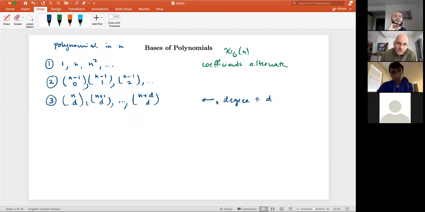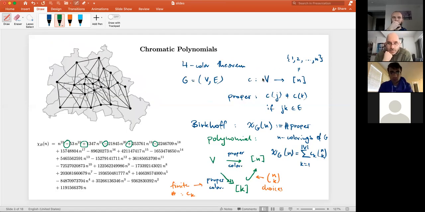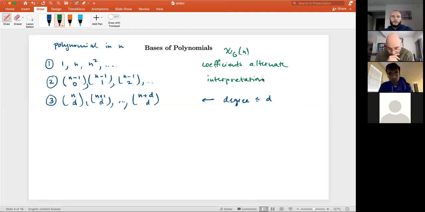Over here in the second basis, I have an interpretation. I have to shift: in the previous page, I had the basis n choose k, and now I have the basis n minus 1 choose k, but that's just a finite shift in n. And in my last basis, there's also an advantage.